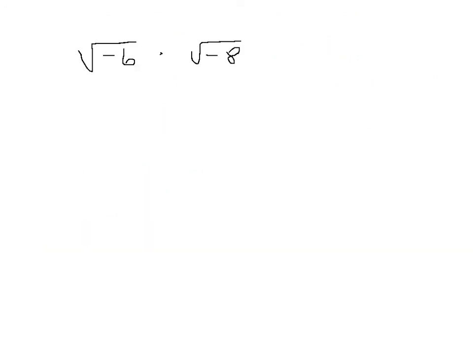So here's the last property of complex numbers. It's not true in this case that this is equal to the square root of minus 6 times minus 8. That property only works when the numbers under the radical are positive numbers.